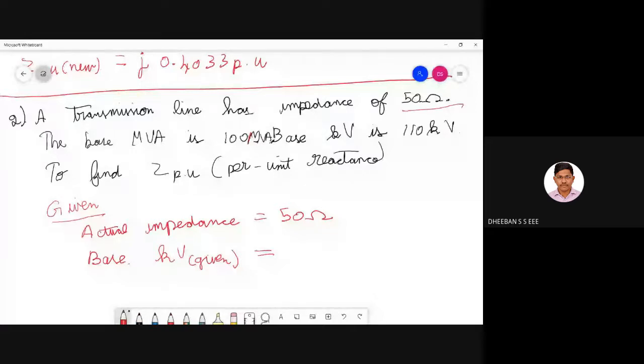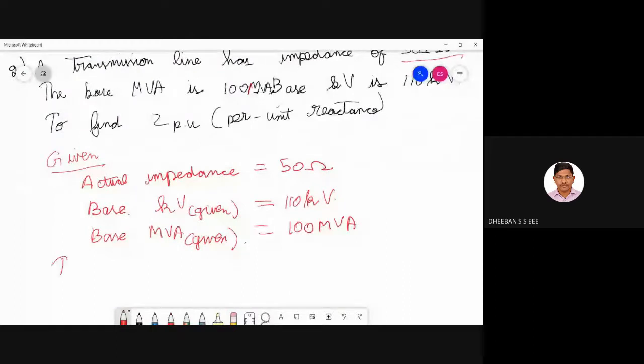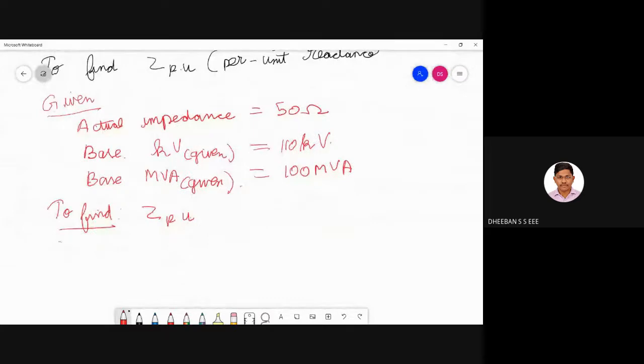Base kV given is 110 kV, and base MVA given is 100 MVA, to find Z per unit.